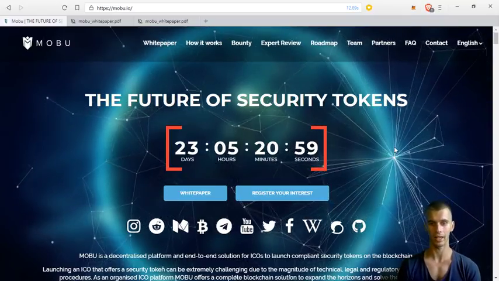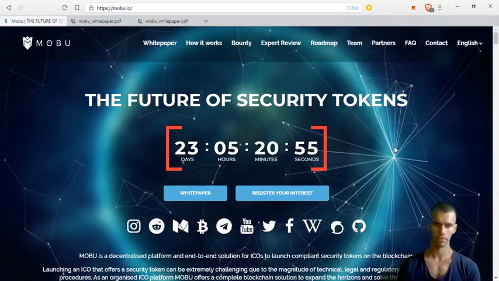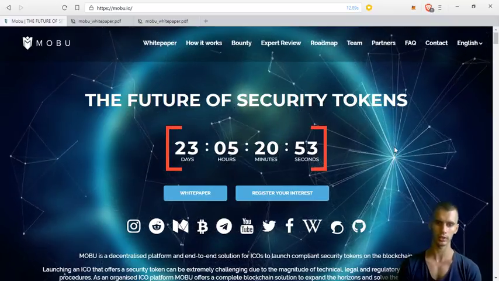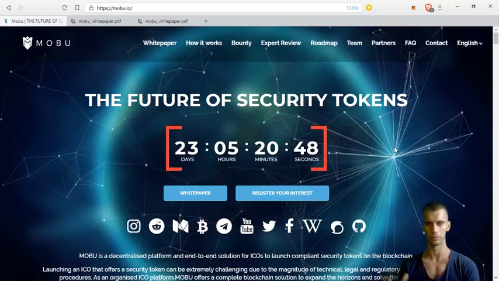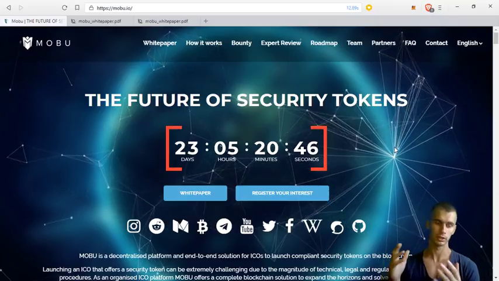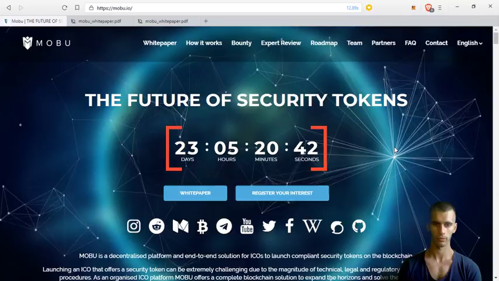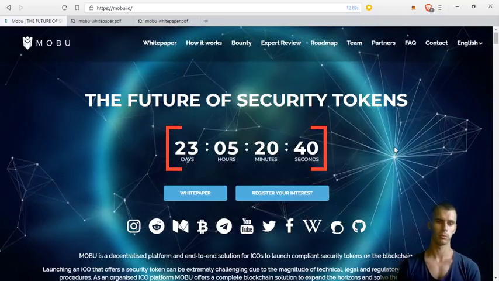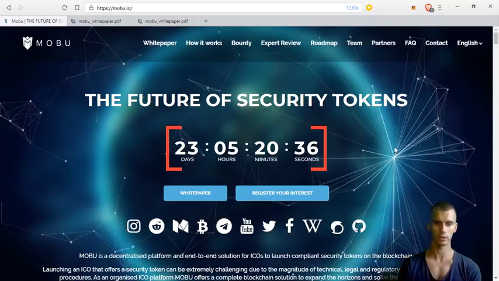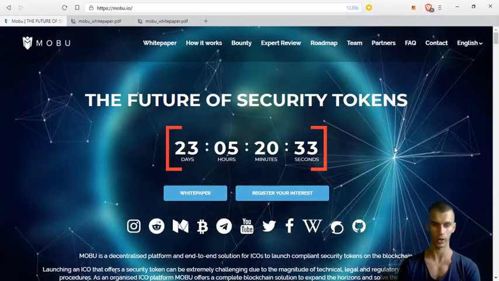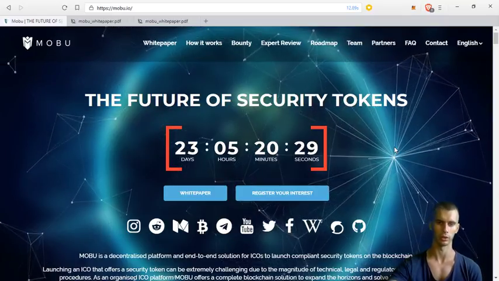Also, they provide access to global markets instead of local markets. Even if you launch in the US, there are going to be very few investors from Asia, some investors from Europe, but it's not going to be a global market. So that's what ICOs provide. So yeah, this is Mobu and this is what it provides. It's going to help launch these security tokens.